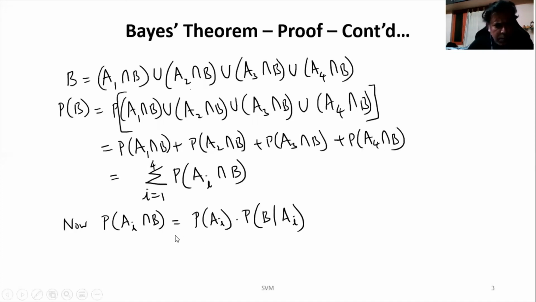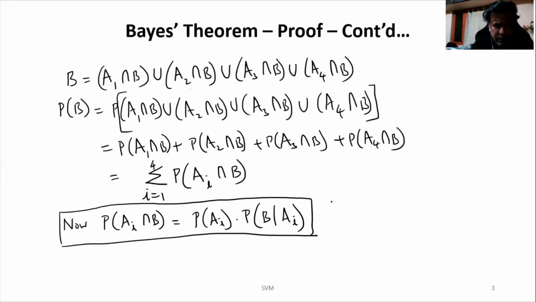Okay, this is one part. So in this summation, I can substitute this. Therefore, probability of B can be written as summation i equal to 1 to 4.